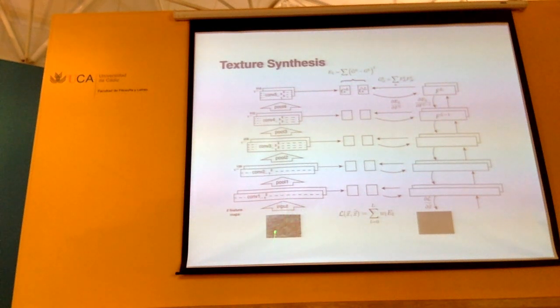Basically you can think of it as two neural networks. One generates your target gram matrices, and here you have a neural network with exactly the same filters.